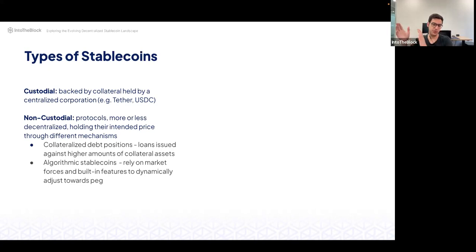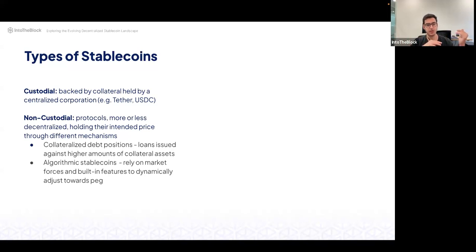The reality is that some of the decentralized are not as decentralized. So I prefer the term non-custodial, even though I'll be referring to both with the same term, so decentralized or non-custodial. Pretty straightforward. Those that are custodial are those where the collateral assets are held by entities such as Tether or Circle for the case of USDC.